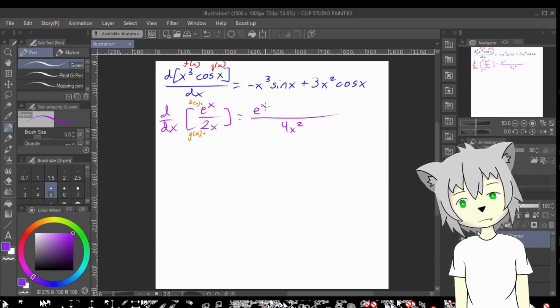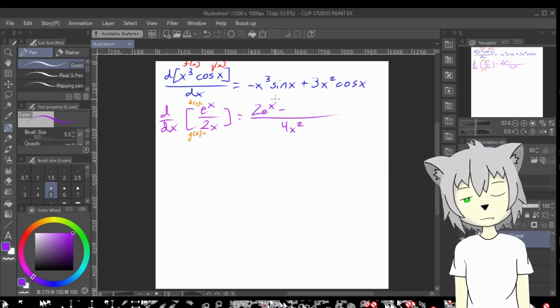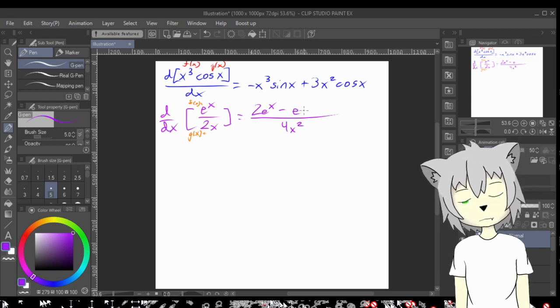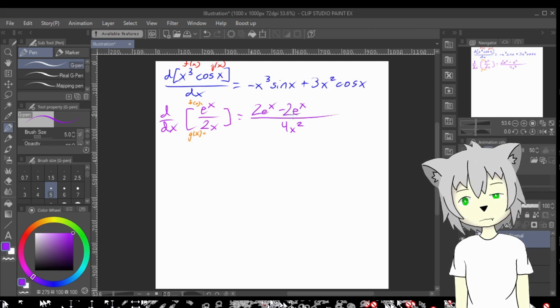But e^x times 2x, and we do minus, we don't change f of x, we find the derivative of g of x and then multiply it to f of x, and then we do the opposite for the second side. The derivative of e^x is just e^x itself, so yay. And then we end up with that.